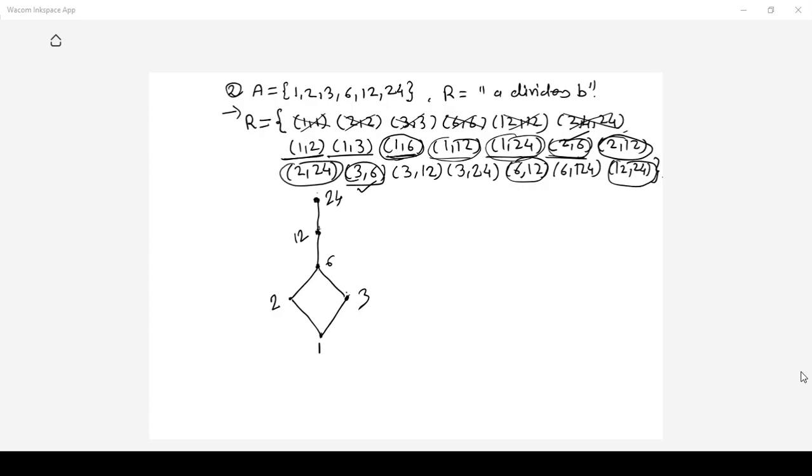Then 2 comma 24, similarly. Then 3 comma 12: 3, 6, 12, 24, that will also come in transitivity. Similarly 3 comma 24 and 6 comma 24 as well. So this is your Hasse diagram for this relation.